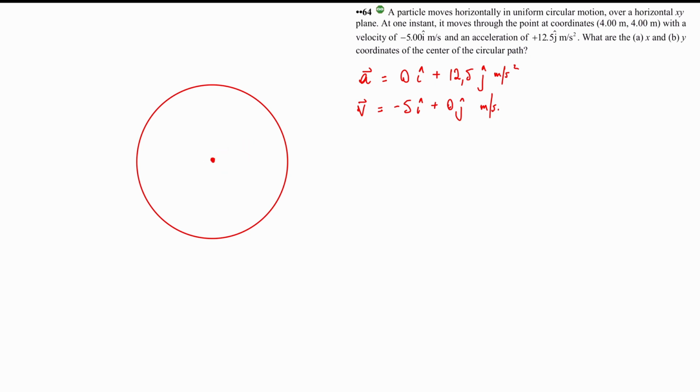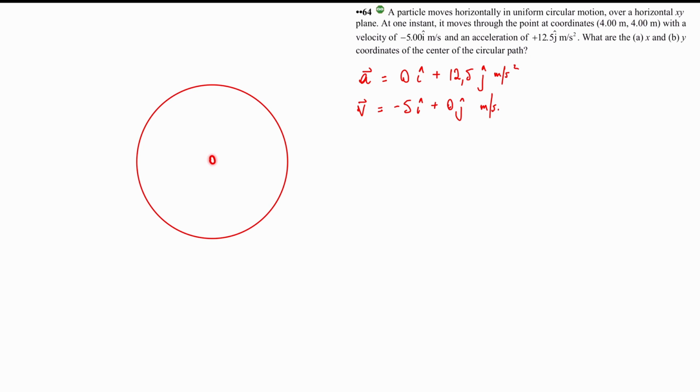What we do know is that when the particle passes a region whose coordinate is 4 units along the x and 4 units along the y, its velocity is minus 5 i hat meters per second, and its acceleration is 12.5 j hat. What we do know about the acceleration in uniform circular motion is that it always points toward the center of the circle being traced out by the particle.